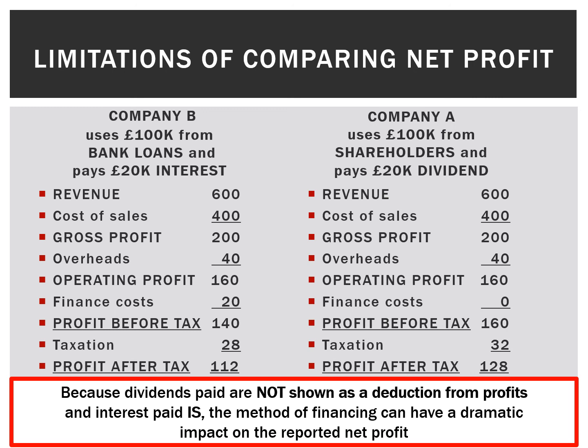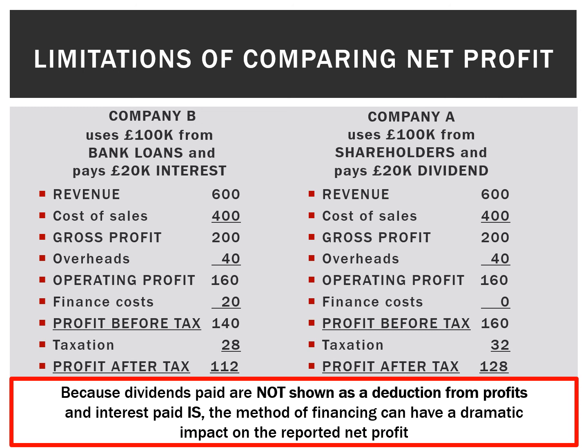Dividends paid, however, are not shown as a deduction. Dividends paid are like drawings of the owner of a sole trader business. They're actually a distribution of the profit, not a deduction from it. And so the £20,000 dividend payment isn't shown as a deduction at all, which is why the profit after tax is different. It also has an effect, as you can see, on the taxation as well.